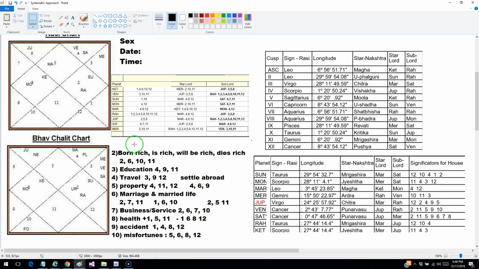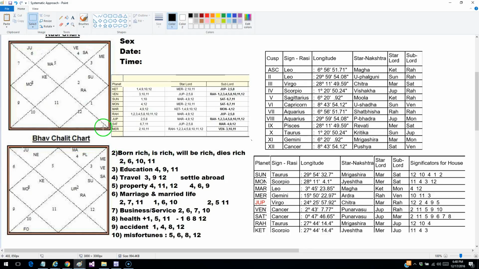So now, what are the questions? The basic questions a person has in life. Obviously, the first is about wealth and money. But from your point of view, when analyzing a chart, the simple question of whether this person is going to be rich in life takes so many shades.